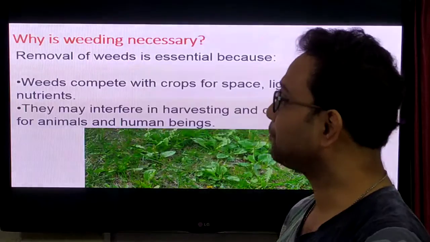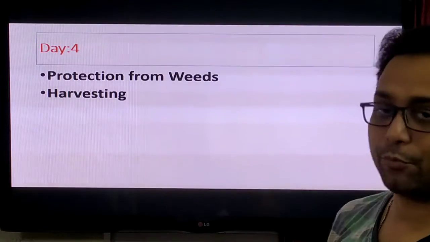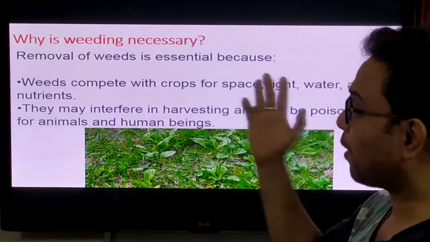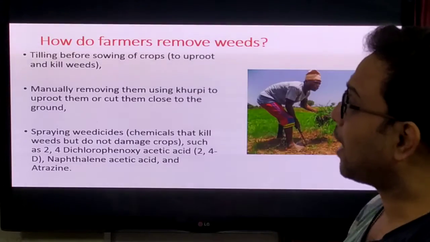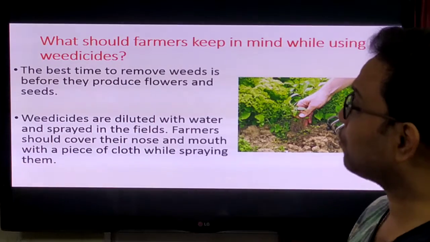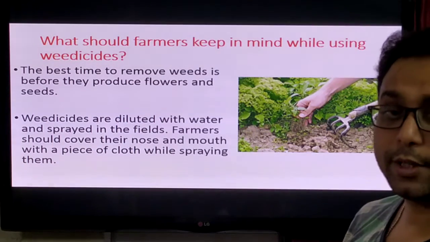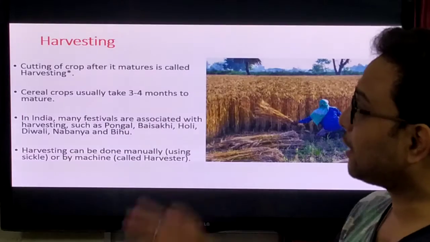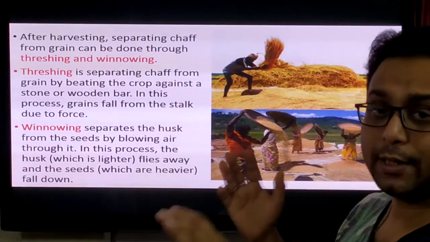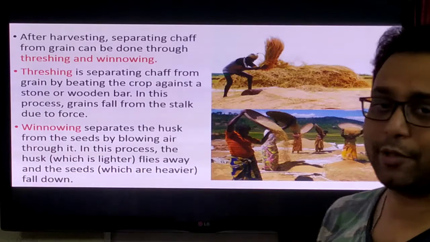First, we discussed protection from weeds: what weeds are, why weeding is necessary, how farmers remove weeds and what they should keep in mind when using weedicides. Then the harvesting process: what harvesting is, and what the threshing and winnowing processes are.